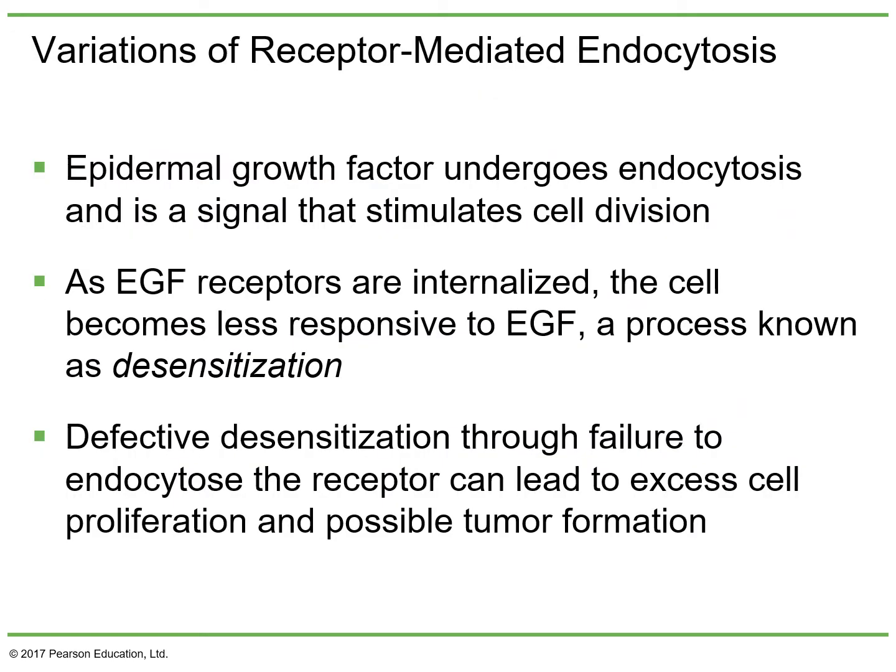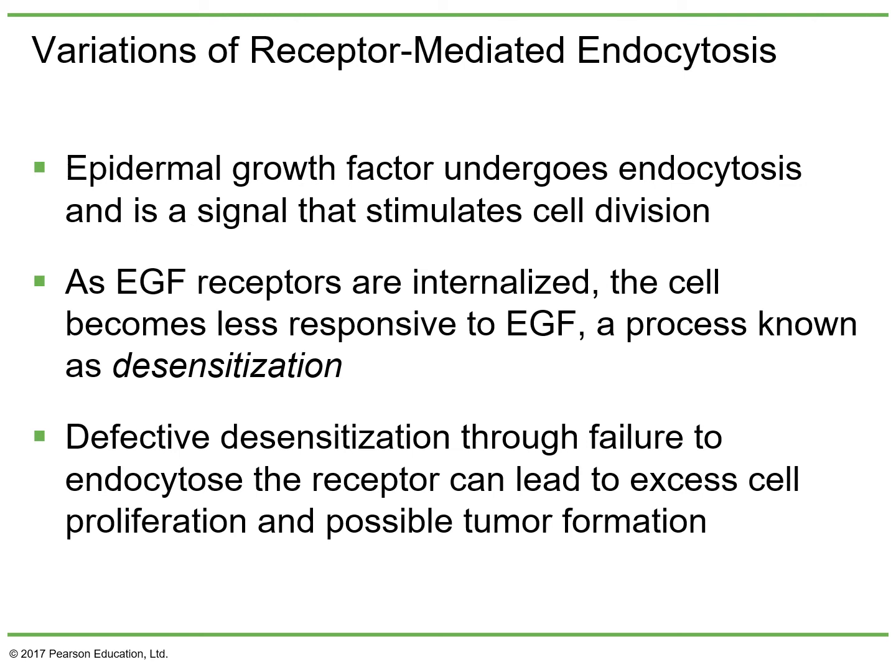There are several variations of receptor-mediated endocytosis. The epidermal growth factor, or EGF, which stimulates the division of epithelial cells, undergoes endocytosis by a mechanism similar to what was shown earlier. Endocytosis plays a very important role in cell signaling.